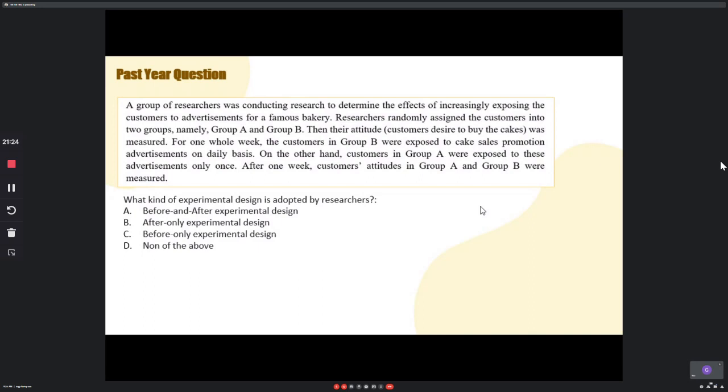For 1 whole week, customers in group B were exposed to a cake sales promotion advertisement on a daily basis. On the other hand, customers in A were exposed to this advertisement only once. And after 1 week, customer attitude in groups A and B was measured. So what kind of experimental design is adopted by the researchers?